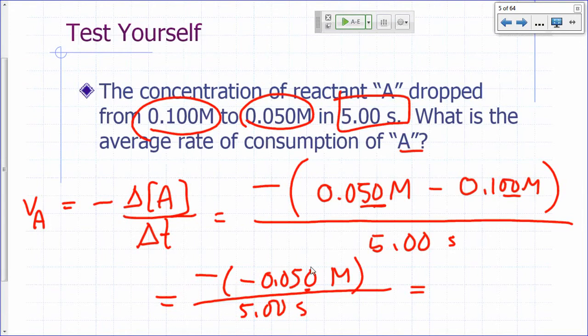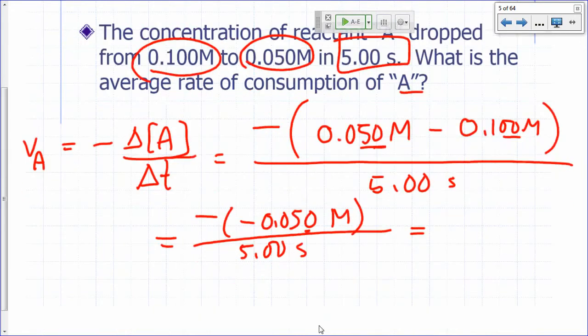So that gives you a positive number. What is 0.05 divided by 5? 0.01, right? 0.010 moles per liter per second. Okay? 2 sig figs here. 3 sig figs, so the answer should have 2 sig figs. And what's the unit for rate then?